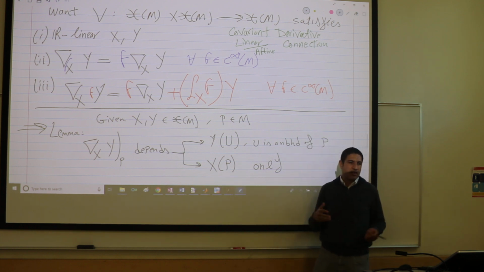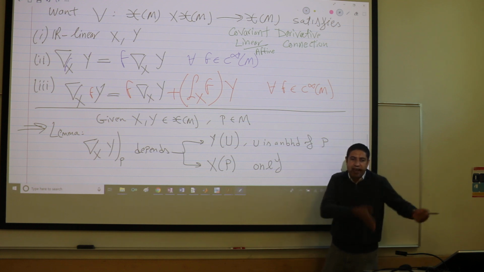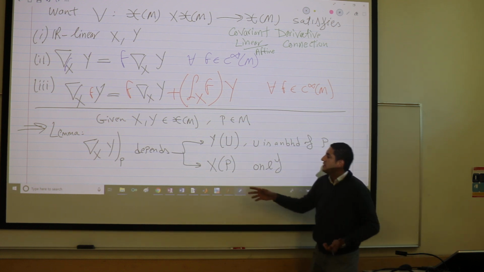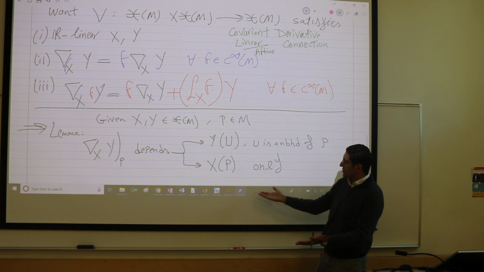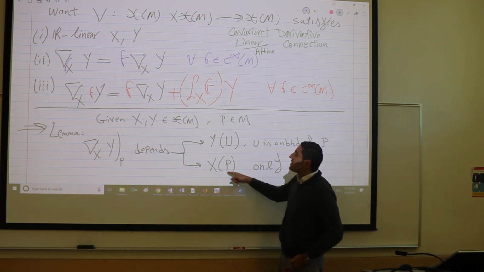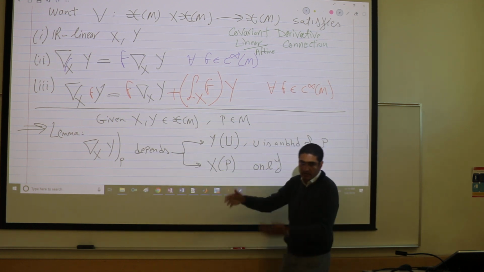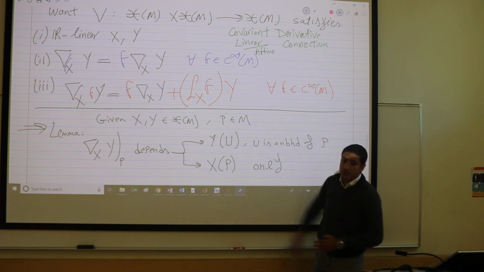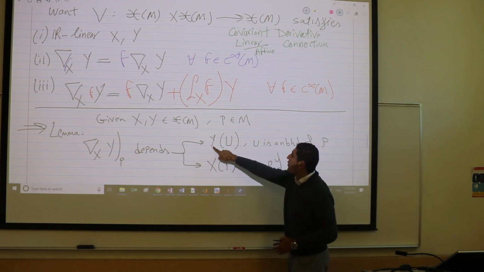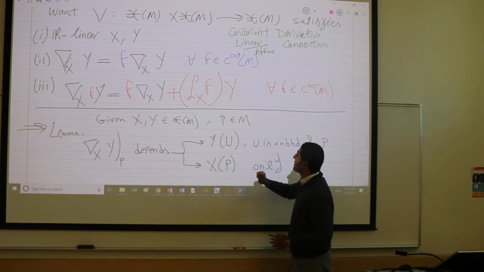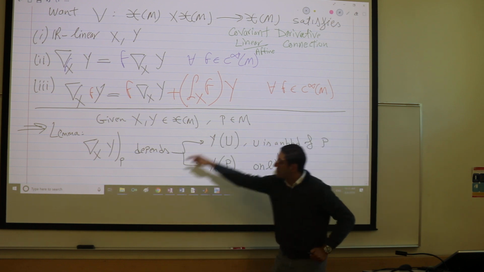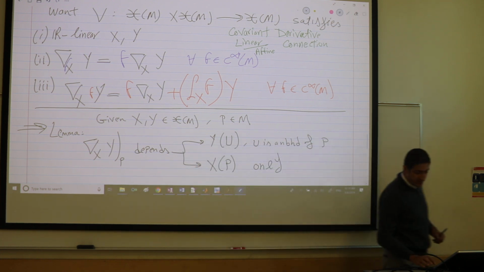I'm just doing something like a dot product with respect to x at that point. I just need the value. To prove this, it suffices to say if x of p is 0, this guy is 0, right? And you can show this easily from these definitions. And the same here, if y is 0 in a small neighborhood around p, this guy is 0, and the definition suffices.